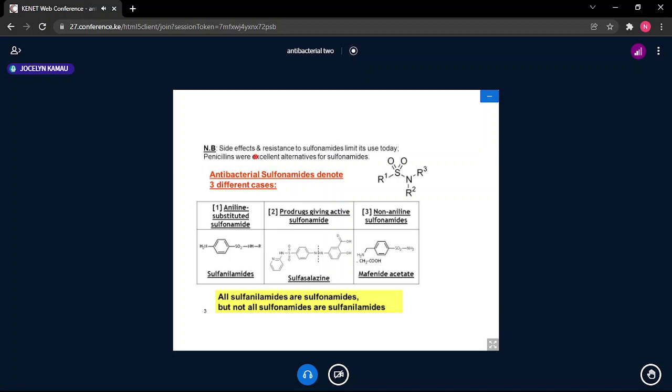If your urine has very low pH, then because sulfonamides are weak acids, no matter how good their solubility is, they will be precipitated in the kidney urea. That's why when you dispense sulfonamides, you normally advise the patient to take in a lot of fluids.